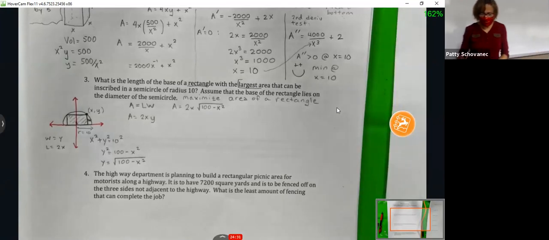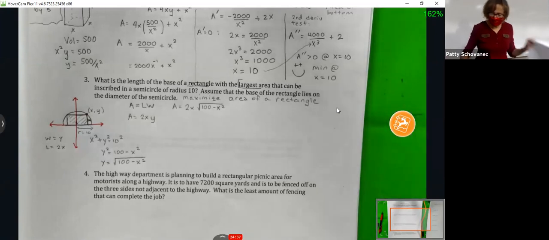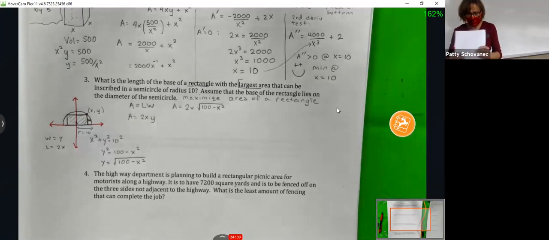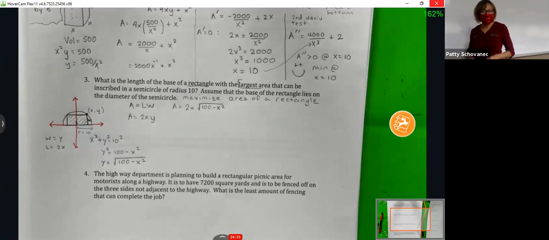Set it equal to 0 and solve for x and see if you get the critical number that I get. Either holler it out or type it in there when you get a critical number.